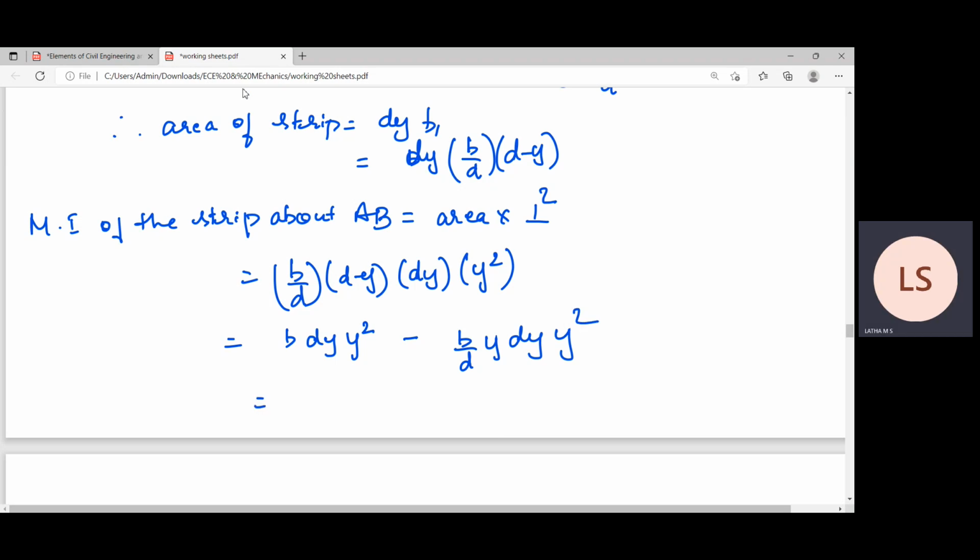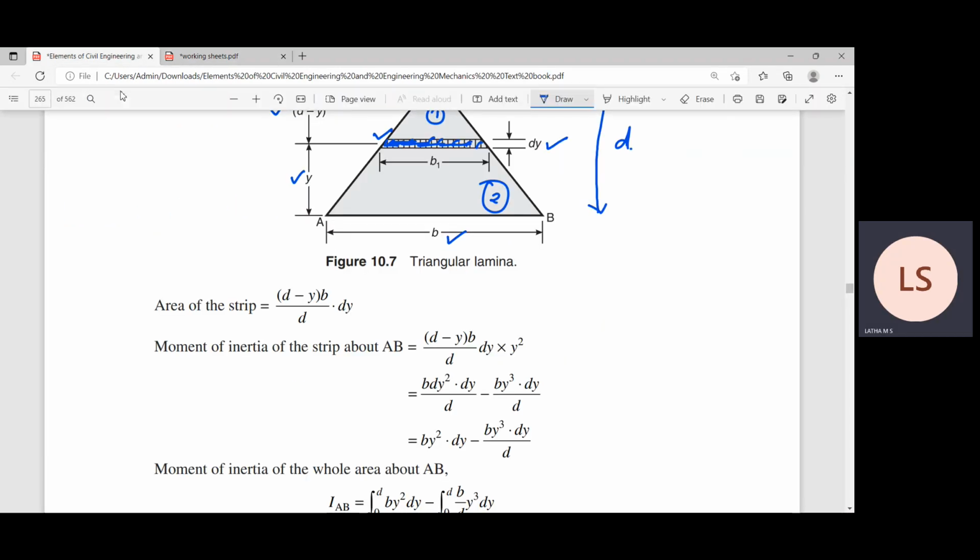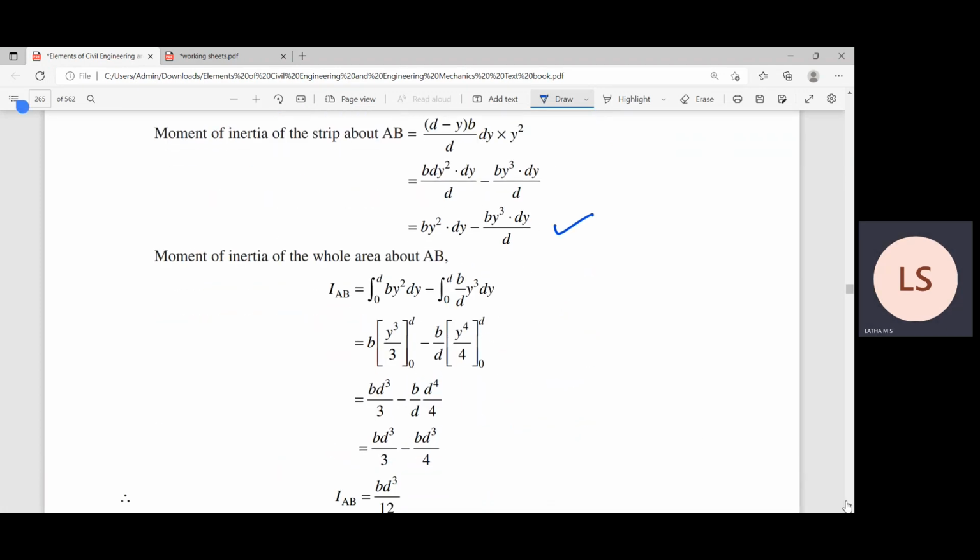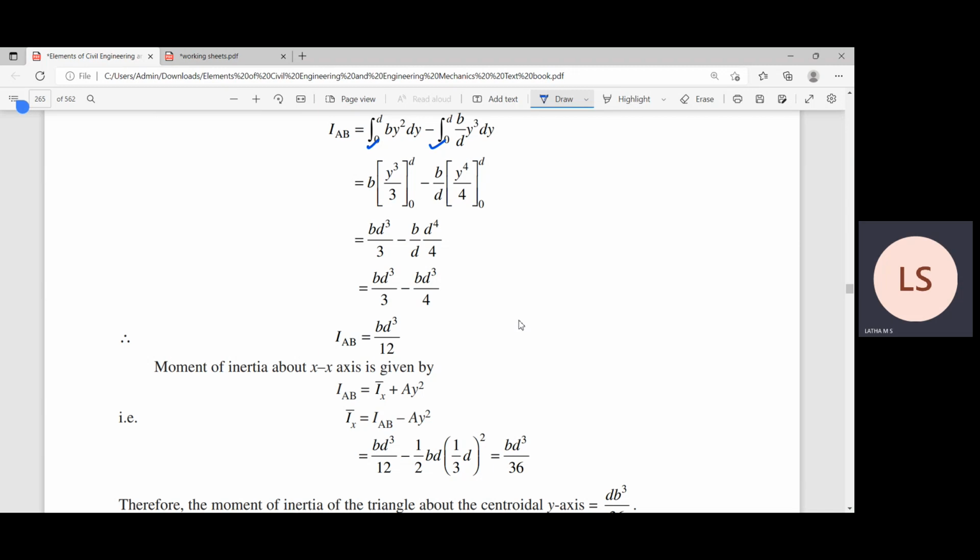When you do all the simplification, you'll end up with this equation. Further, you have to integrate. What are the integration limits? The height of the lamina is 0 to d, so integrate from 0 to d. When you integrate with the limits, you will get bd cubed by 12 about IAB.